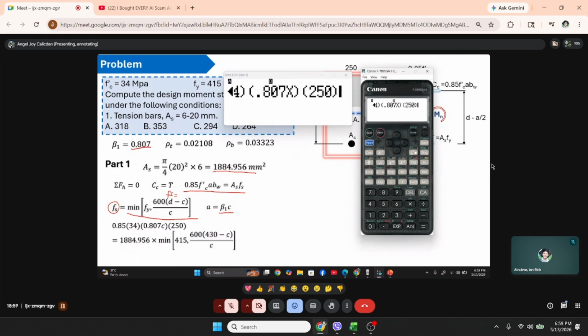Close. Alpha equal 1,884.956 times na siya sa ups 415 and shift comma 600 times 430 minus alpha x over alpha x. Then shift solve.